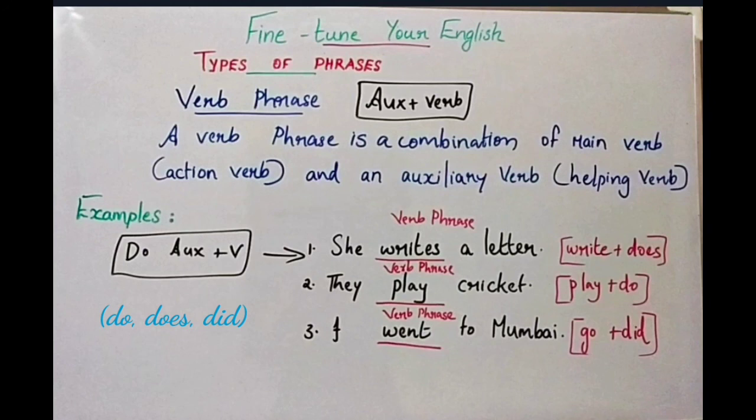Then the third one, I went to Mumbai. There, went is the verb phrase. It is go plus did. Go plus did is went. So here in these three examples, we couldn't separate auxiliary from the verb. This is applicable only for the do auxiliary plus verb combination.